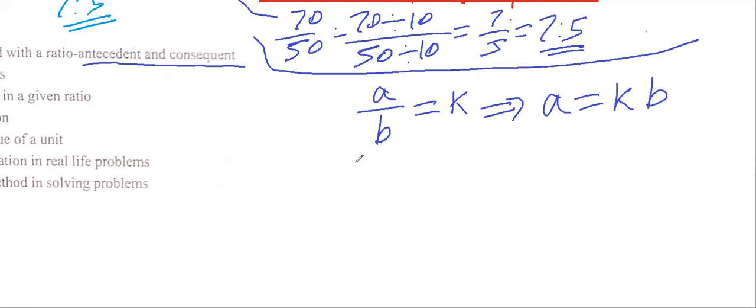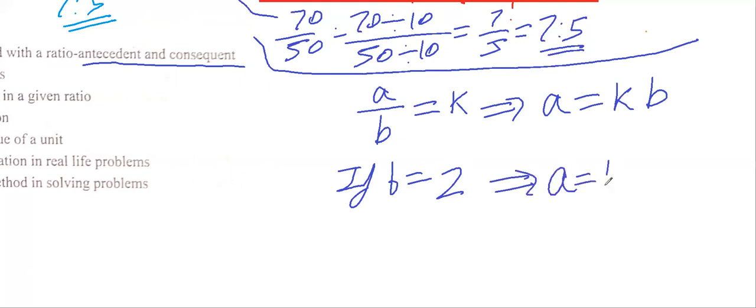So here I can say, if B is equal to 2, that implies what will be A? A will be K into 2. And if the value of K is say 5, so what will be the value of A?